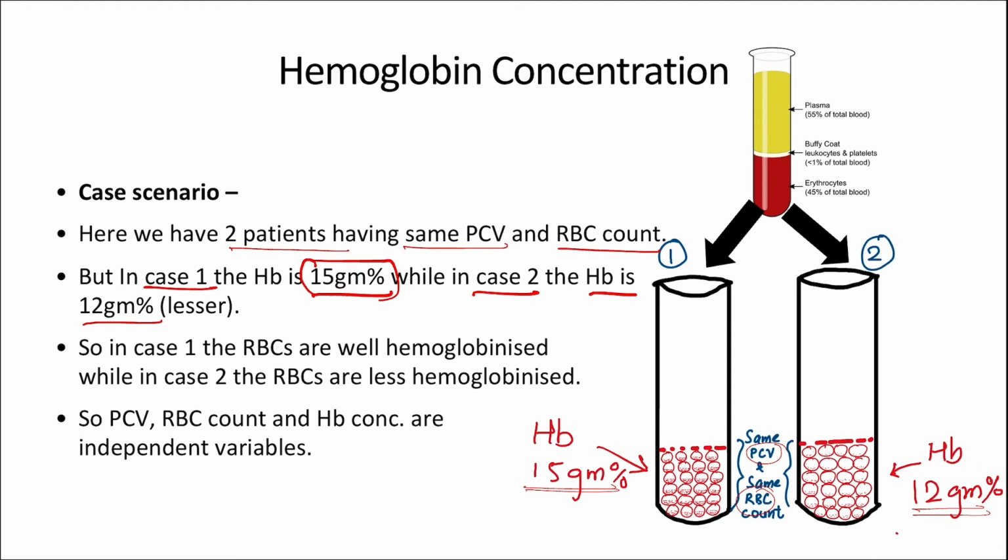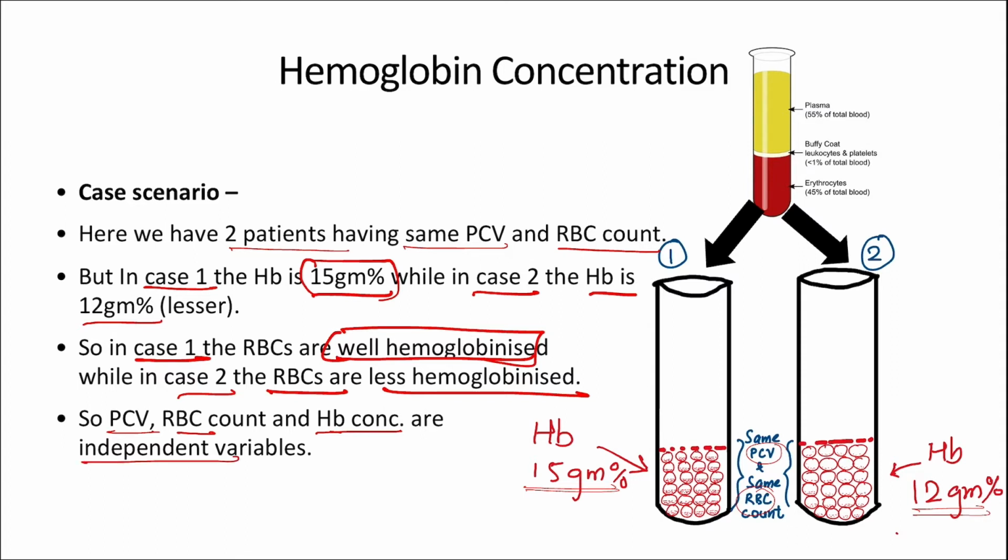So we can say that in case 1 the RBCs are well hemoglobinized, while in case 2 the RBCs are less hemoglobinized. Packed cell volume, RBC count and hemoglobin concentration are independent of each other.